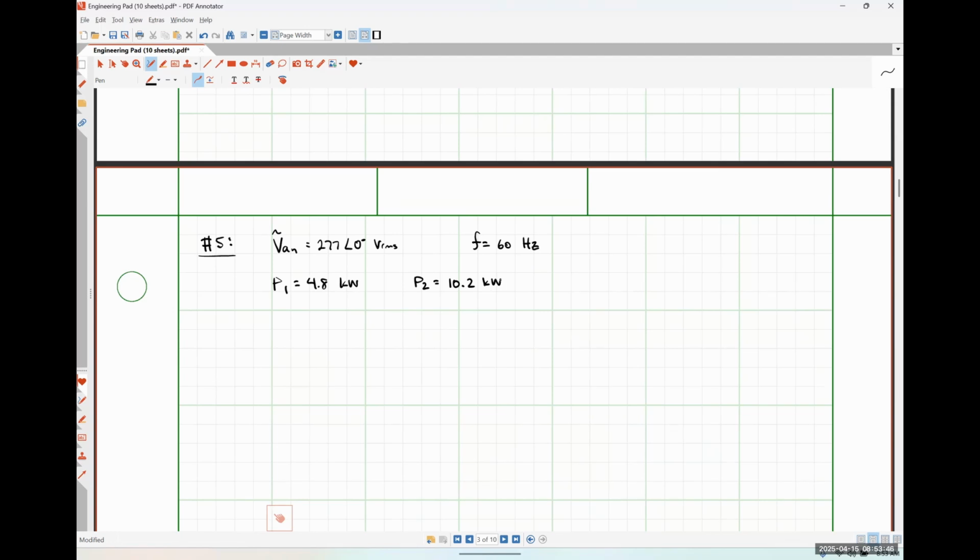We were asked to determine the total complex power absorbed by our motor, so that'll be S motor. And we are asked to find the value for a delta connected capacitor bank if we want PF new to be equal to 0.98 lagging.